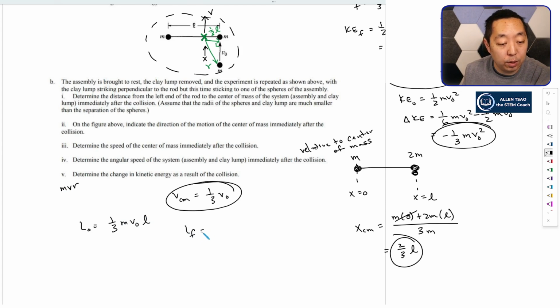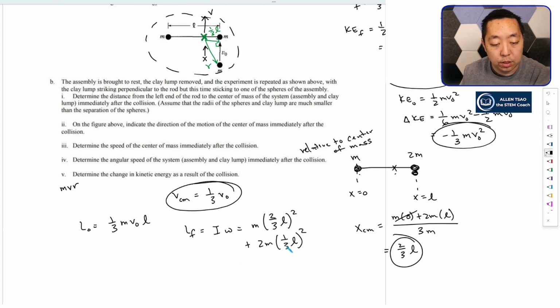Then the final angular momentum is just I times omega. What is the I of this system, relative to the center of mass, which is here? We're going to say it's mr squared, so it's this m, this thing is 2/3 L, plus the 2m located 1/3 L. So let's calculate the I. The I is going to be 4/9 ml squared plus 2/9 ml squared, because this is 1/9 times 2.